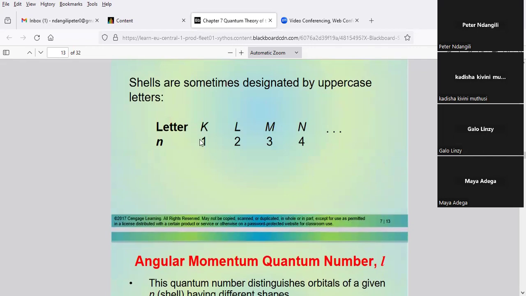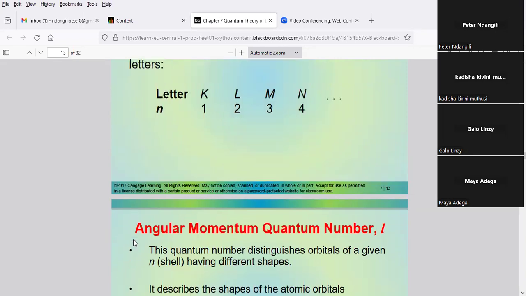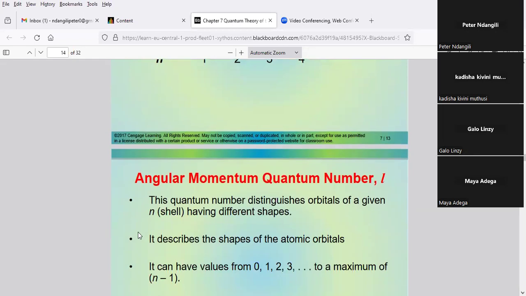Now, when we talk about the principal quantum number, it is from the principal quantum numbers that we are going to get the angular momentum quantum numbers, the L. And therefore, let me discuss this L. The angular momentum quantum number distinguishes the orbitals of a given shell that have different shapes.